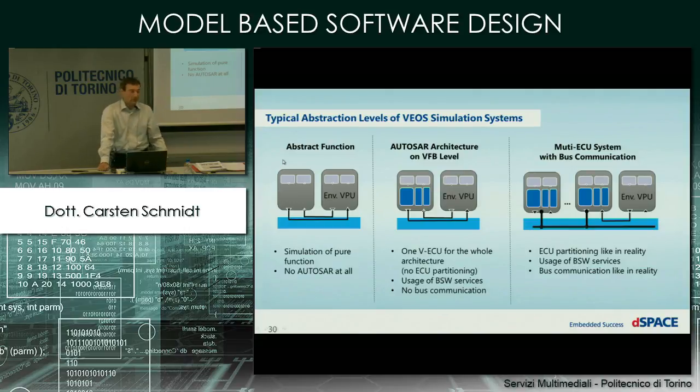If you maybe only have a Simulink model so far, then you could already do virtual validation by creating a VECU on Simulink level, and that would look like so. And then you can connect the Simulink ECU with an environment VPU, and then you can use the Veo simulator to simulate the system.